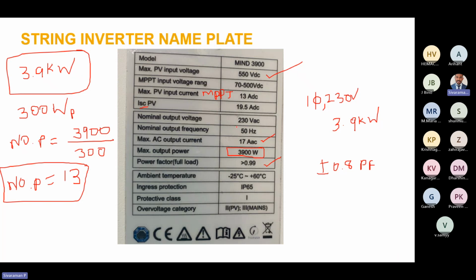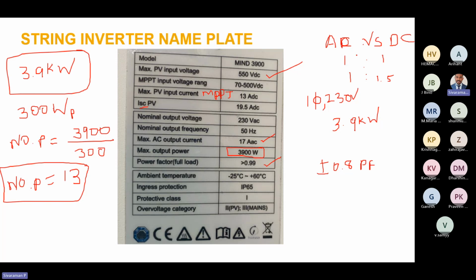Here I would like to explain one point called the AC versus DC ratio. There are ratios like 1 is to 1, 1 is to 1.5, and so on.